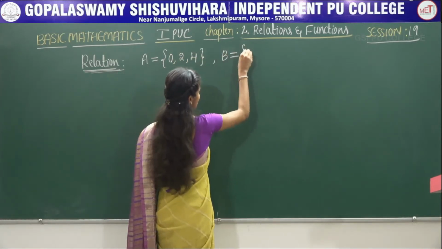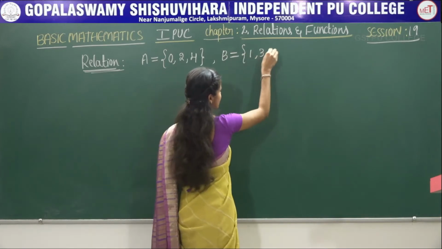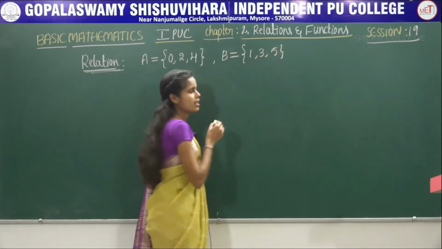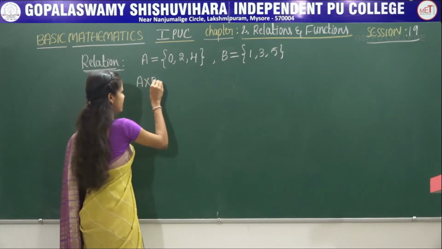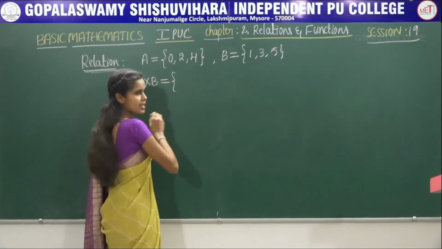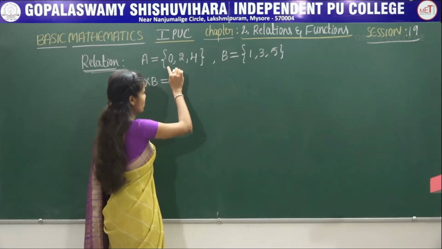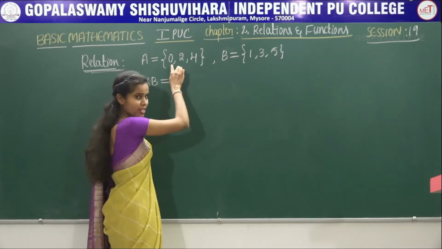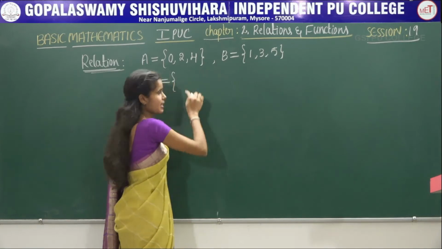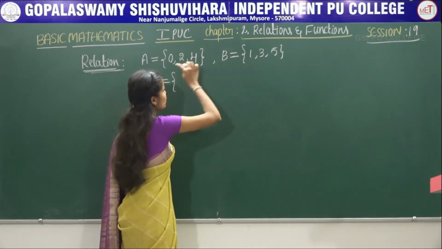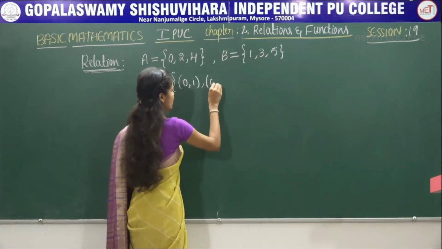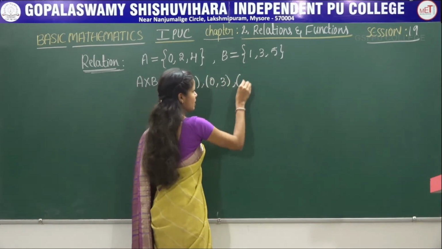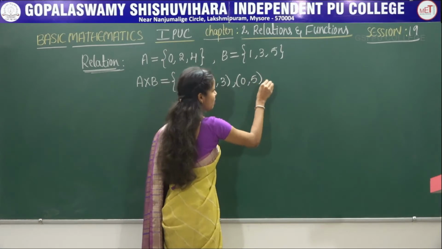B is the set of elements 1, 3, 5. Next, write the Cartesian product of A and B. A cross B is equal to the set of all ordered pairs. Consider the first element in the first set and pair it with each element in the second set: 0, 1, 0, 3, 0, 5. Ordered pairs (0,1), (0,3), (0,5).